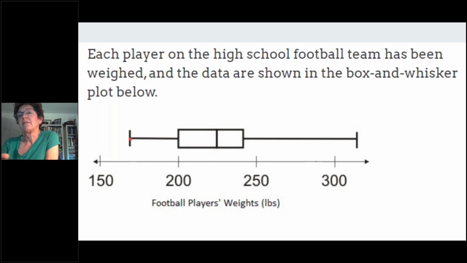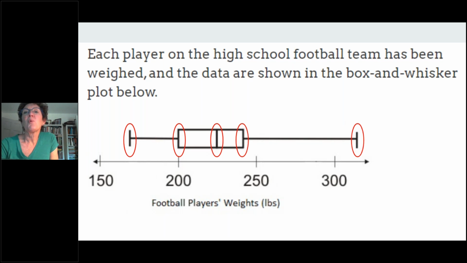Sometimes on the end you'll see a dot on the whisker, but that bar, this bar, this bar, that one, and that one are 5 key measures. And those are the important things to be looking at to get started and understanding what a box and whisker plot is measuring.